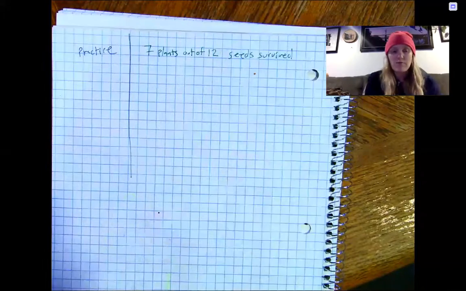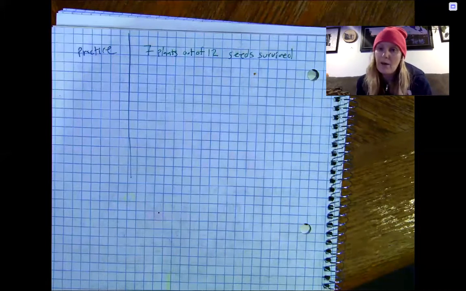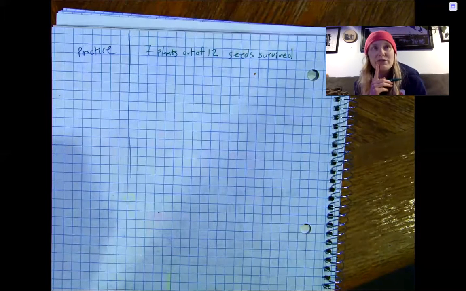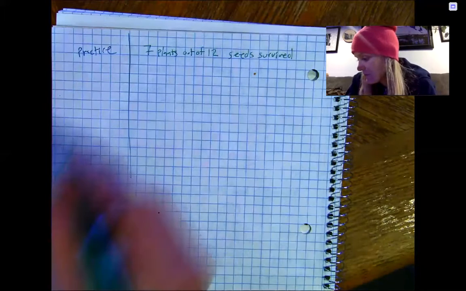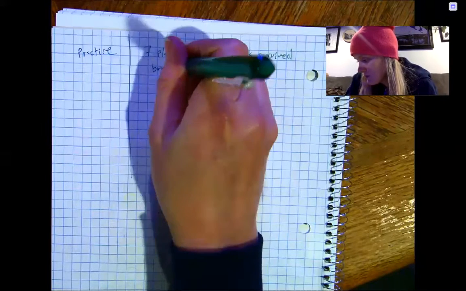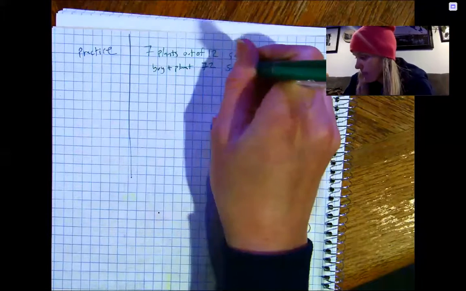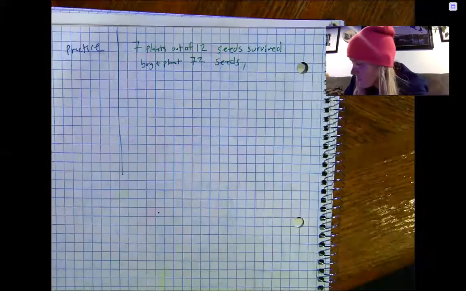And so they go and buy a pack of, we'll do a different number, 72. So they go and buy and plant 72 seeds. Okay. How many can they predict will survive?